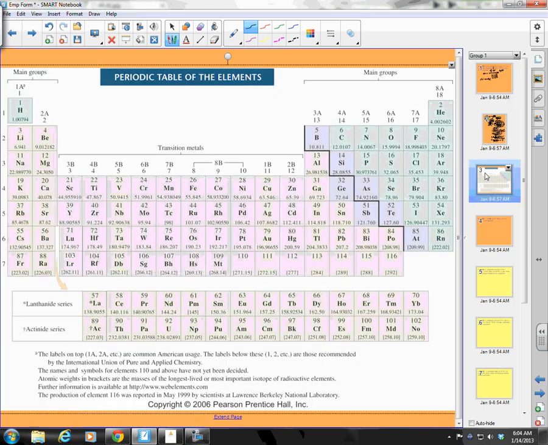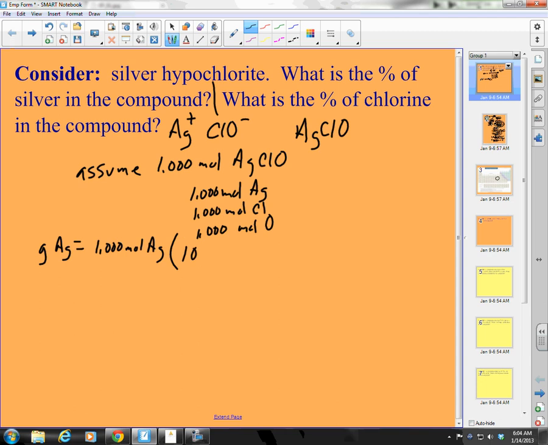Molar mass of silver, where's silver? How about 107.87 grams per mole. And so what do I get? I have 107.87 grams of silver.